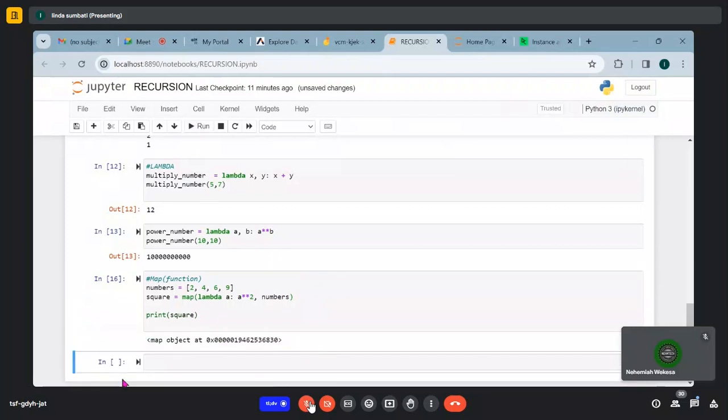So if you run it, what this thing will give you is, is it an iterative function here? This is an iterative function. So in short, it's always advised that when you are working with map, you introduce the list, because if you just run it like that, the map function will give you an iterator. So if you introduce the map, you need to introduce the list so that it can provide us with the iterable object.